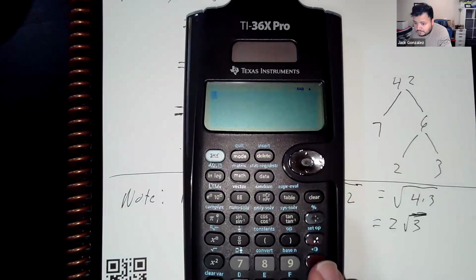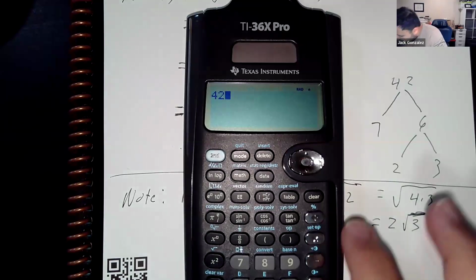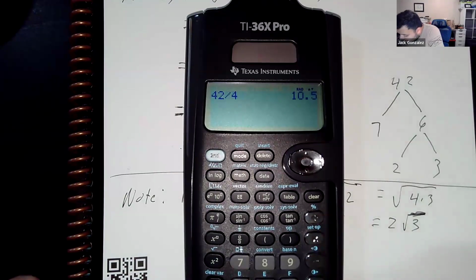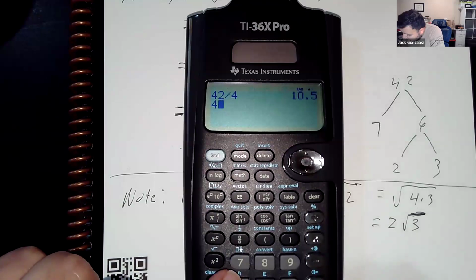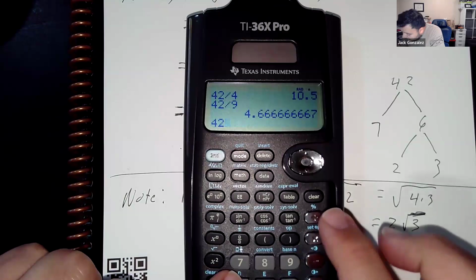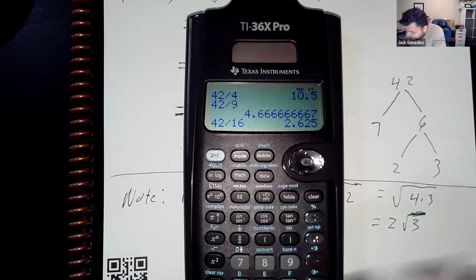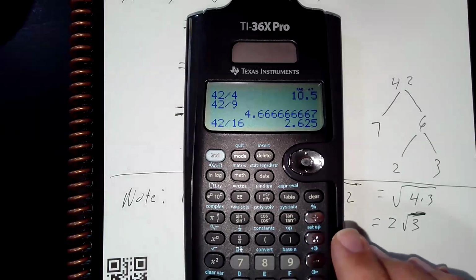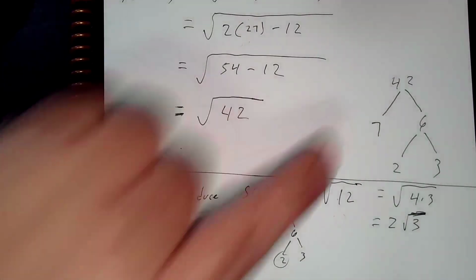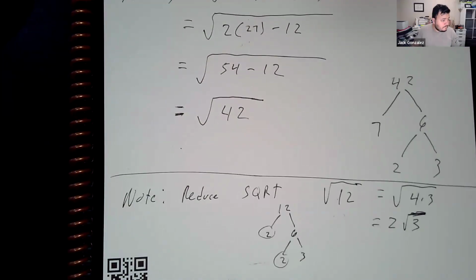I could just say 42, let me try 4. Doesn't work. Let me try 9. Doesn't work. 16. After a while, I'm like, this is not going to work. So it doesn't have any squared numbers, so I'd move on. That's another way to do it without the tree if you want to.